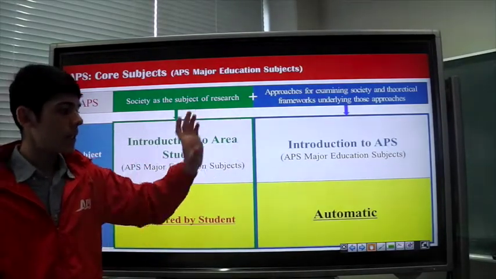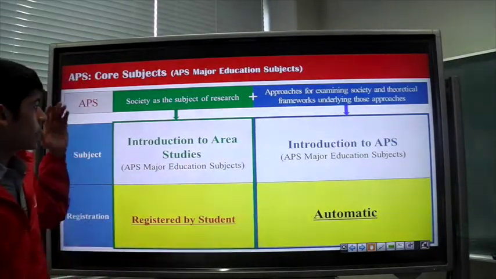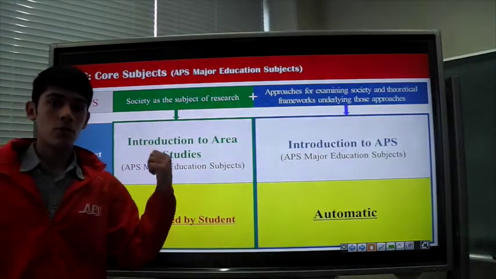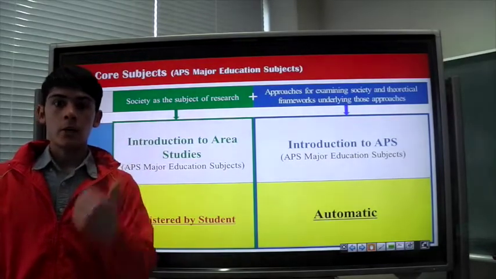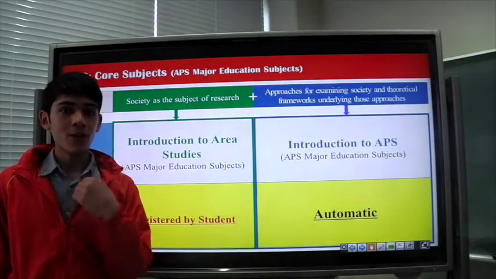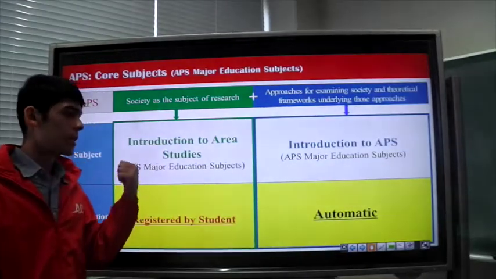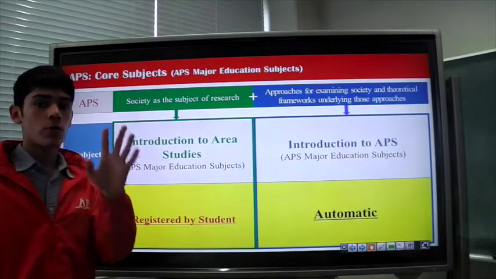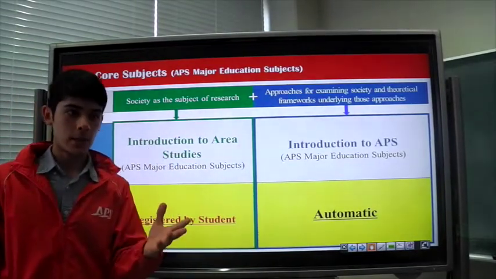Introduction to APS is automatically registered by the university, whereas Introduction to Area of Studies is registered by the student, so you should register by yourself. However, the university, the academic office, and we, your senpais, really recommend you take this subject because you will study all four areas of study. So you will understand what APS is.